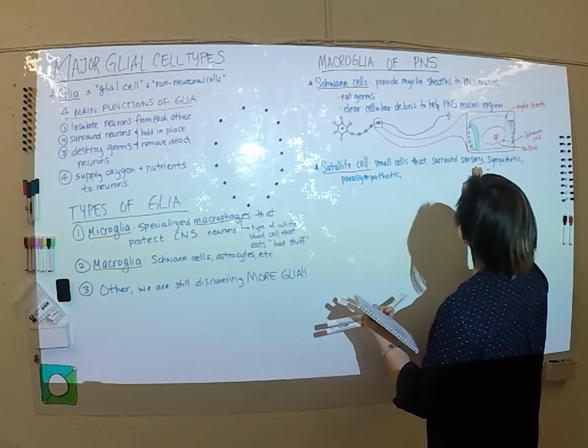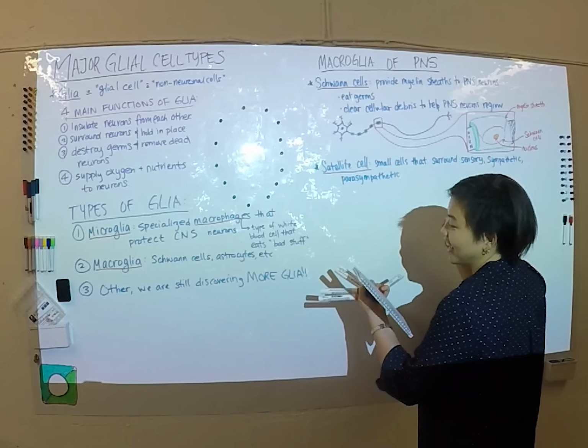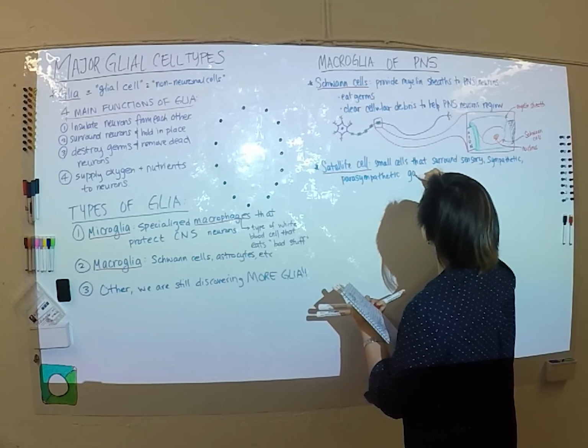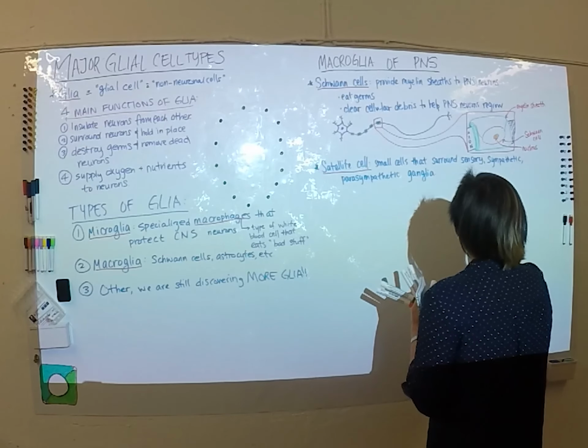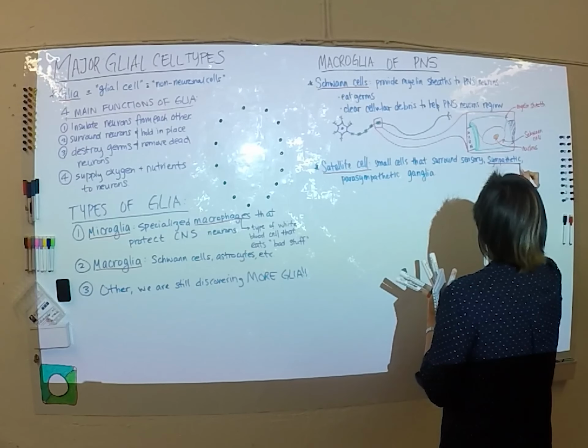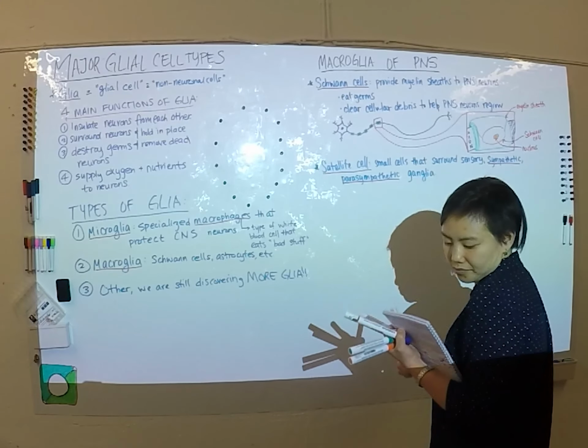All right, those are the three: sensory, sympathetic, and parasympathetic ganglia. Okay, so let's underline our new words: sympathetic and parasympathetic.